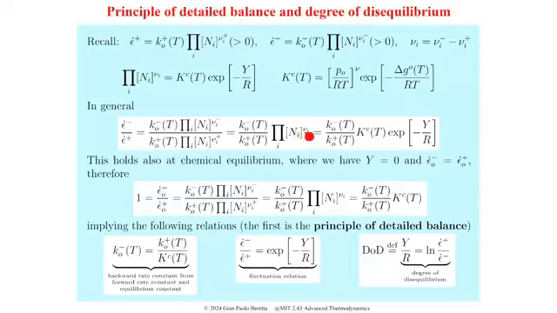That's n to the nu, the stoichiometric coefficient of the overall reaction. So you can make this step. And then we can substitute from the non-equilibrium law of mass action, which is valid always, and you get this expression here.